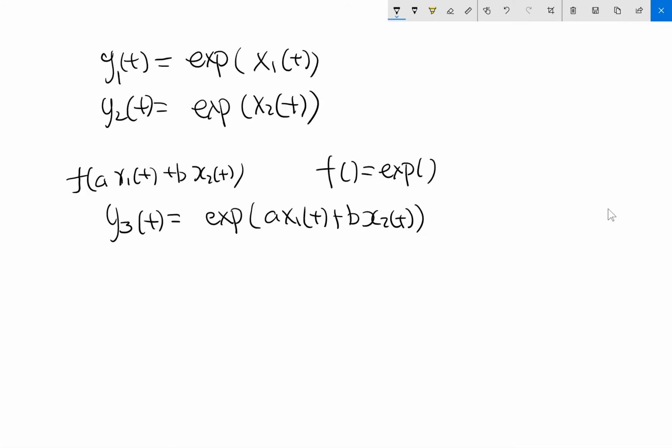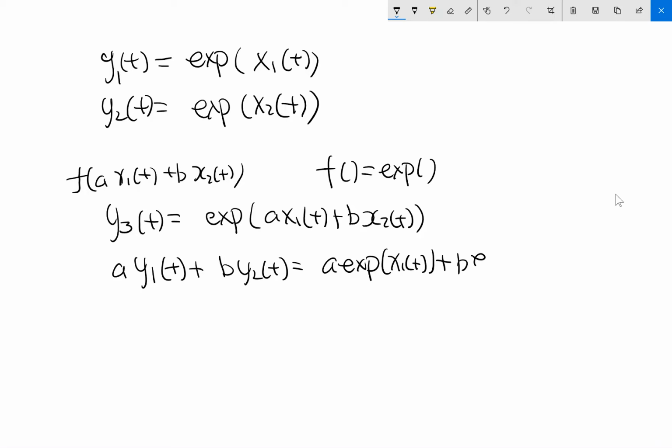So it is clear that, okay, let's just write things completely. The linear combination of y1 and y2 is a y1(t) plus b y2(t). That is a exponential of x1(t) plus b exponential of x2(t). And this one does not equal y3.